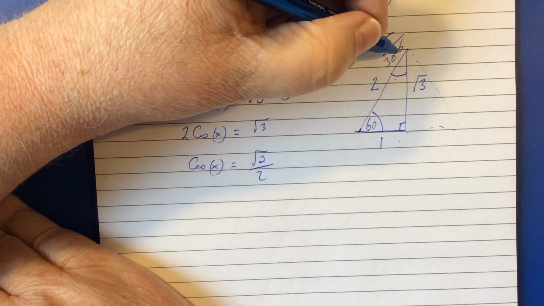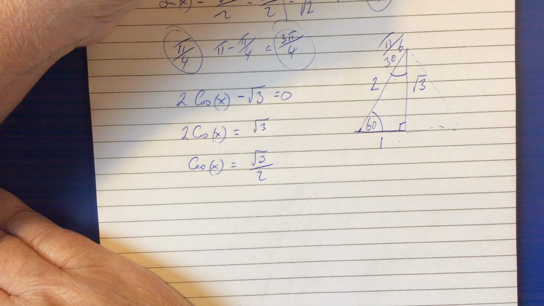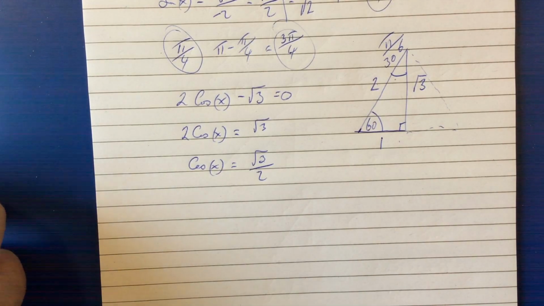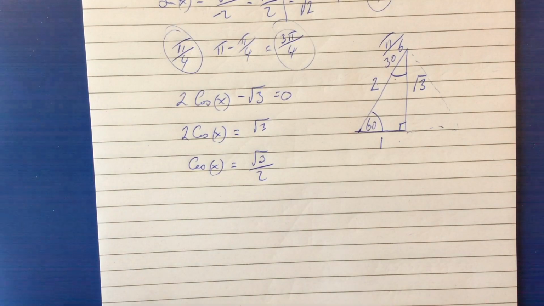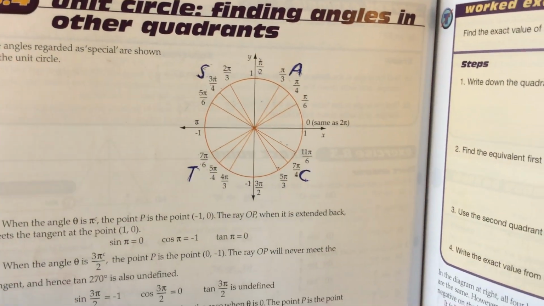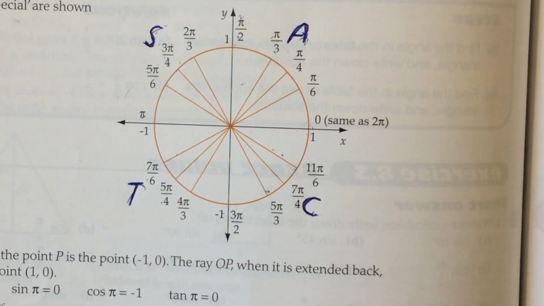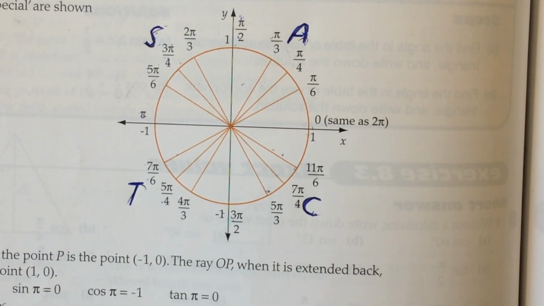So we need to know where we have pi on 6 in our scheme of things. So let's have a look. We'll get this out again. And you'll see that pi on 6 is here, 30 degrees.